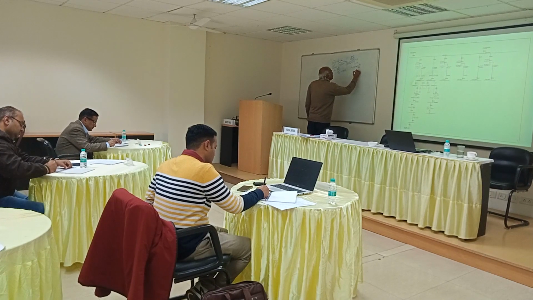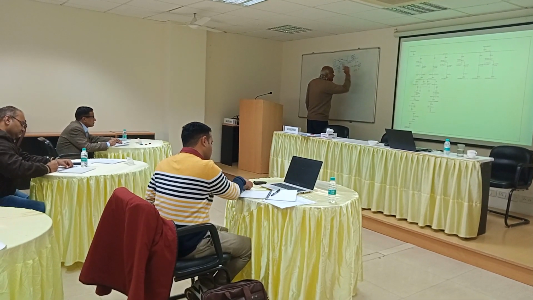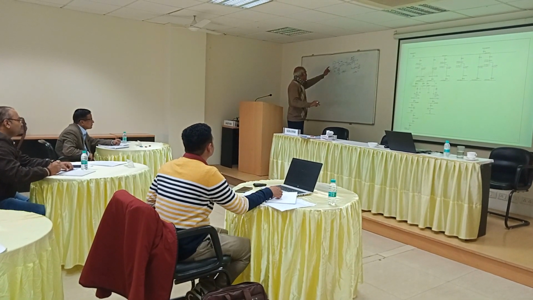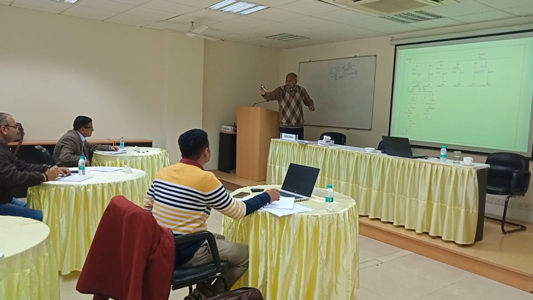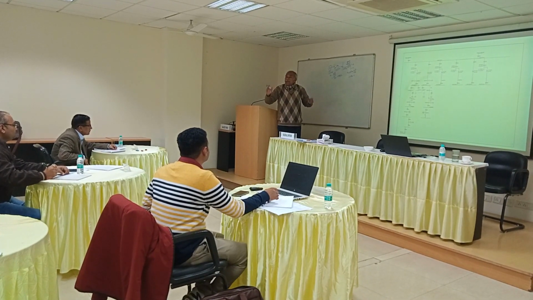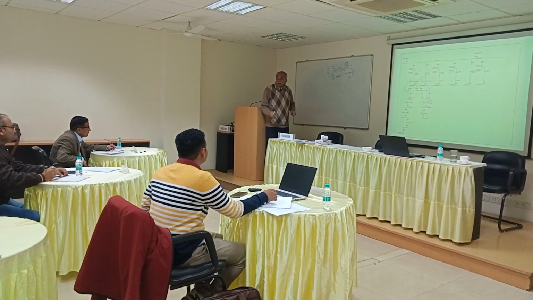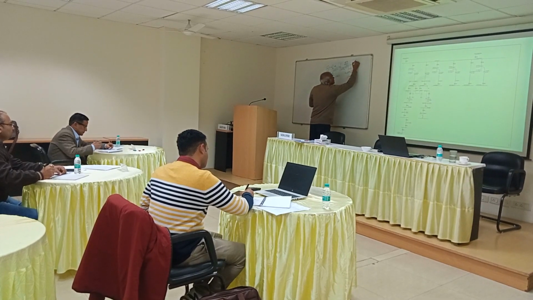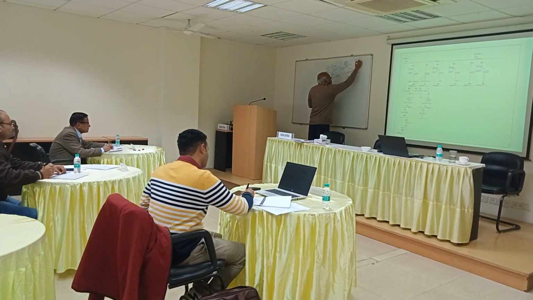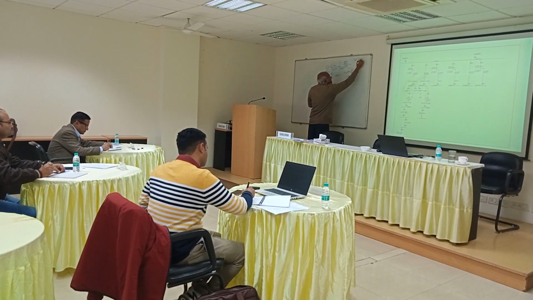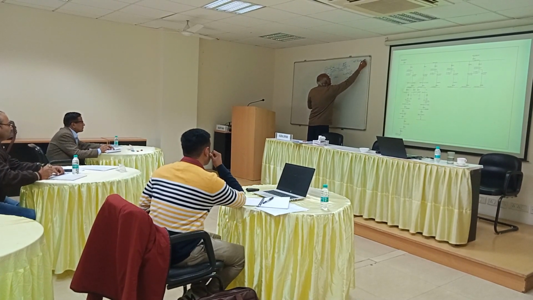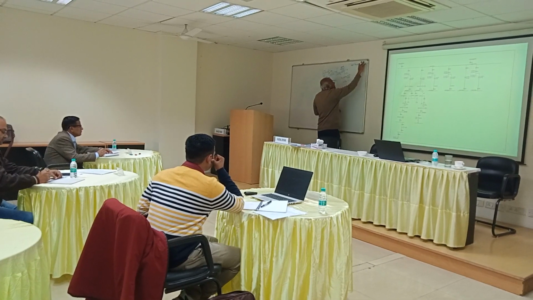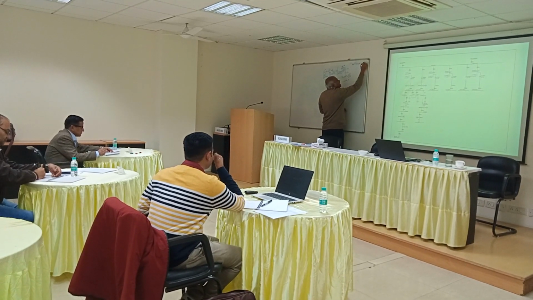0.07 into, it is 11 kV. Yes, I have forgotten one thing. I have considered 11 here, and here also, I am not going to 3.3. So you have to choose a base MVA. My base kV is equal to 11 kV.